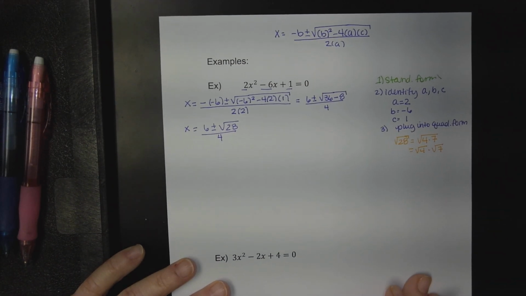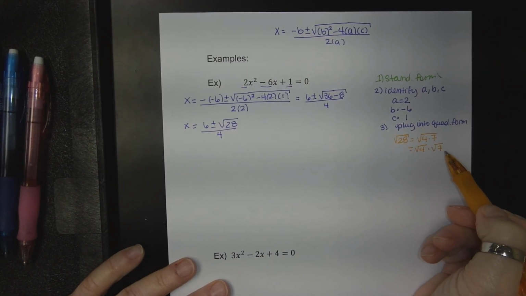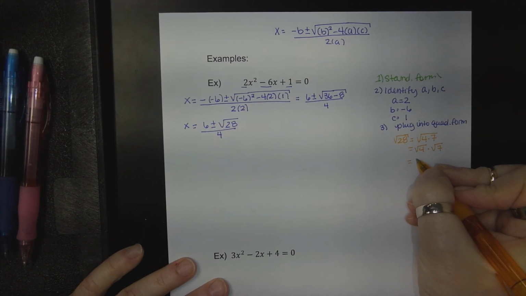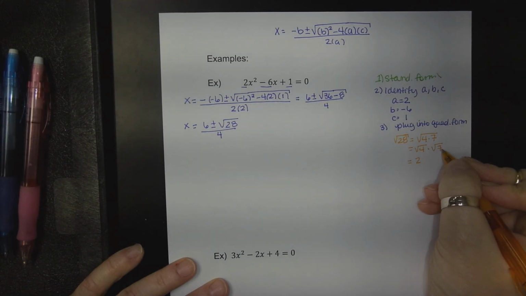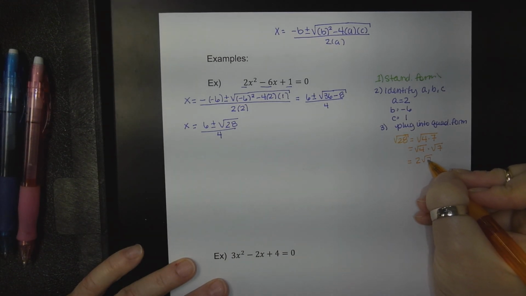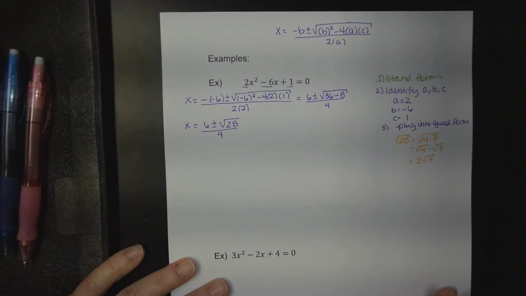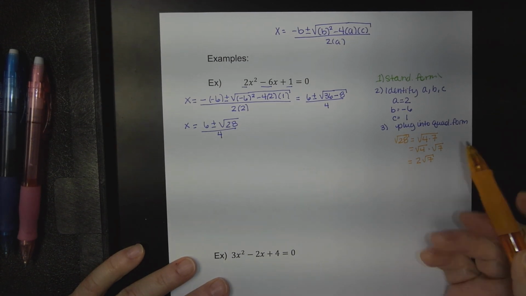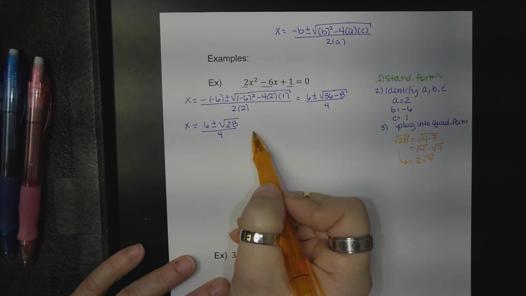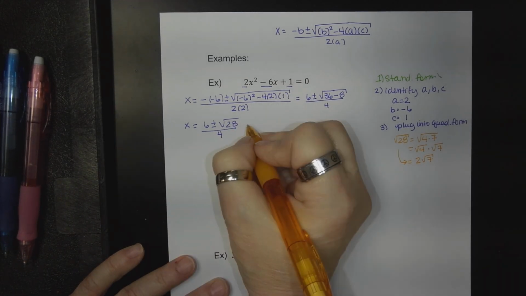It's easier to see that way, and that is completely legal in math to separate those two. So the square root of 4 equals 2, and this goes no further without being a decimal, so we're going to say square root of 7. Okay, so that is what the square root of 28 equals. So we're going to simplify that to be this.